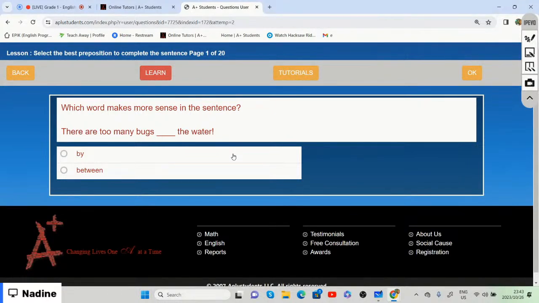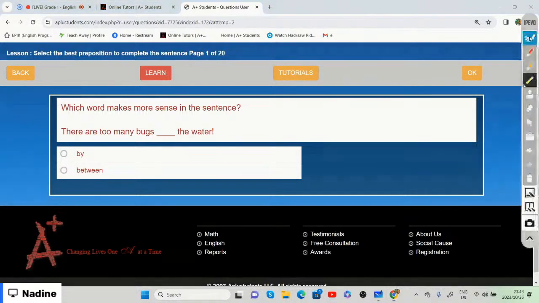So there are too many bugs. Do we say by the water or between the water? So we will basically find a lot of bugs by the water.